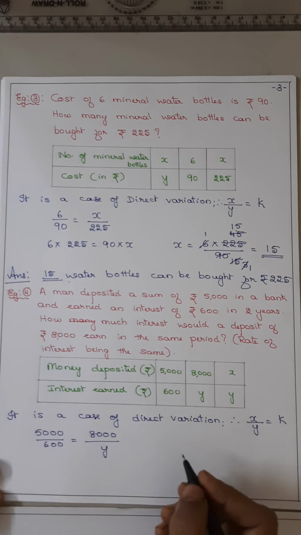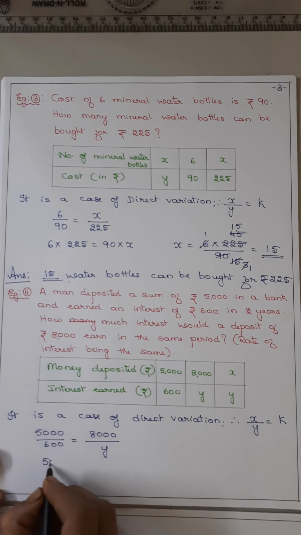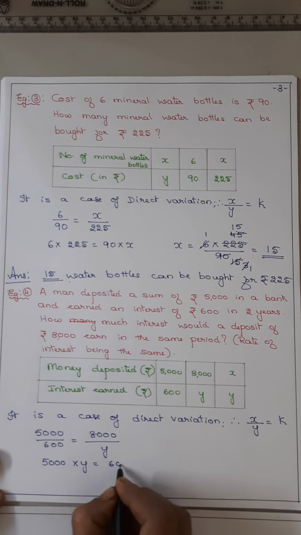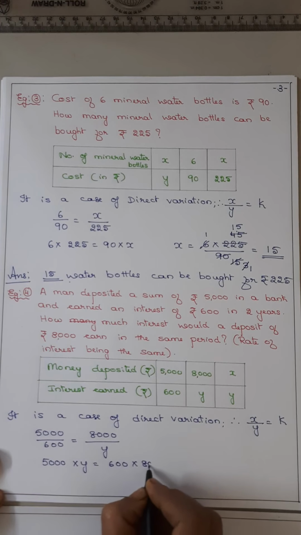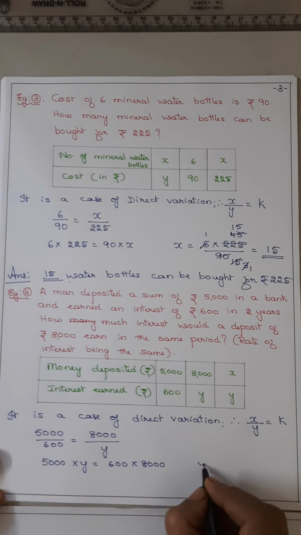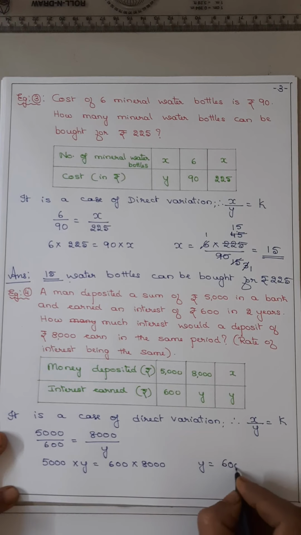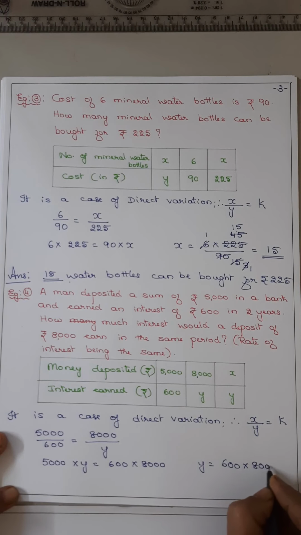That means 5,000 into y is equal to 600 into 8,000. Therefore y is equal to 600 into 8,000 upon 5,000.